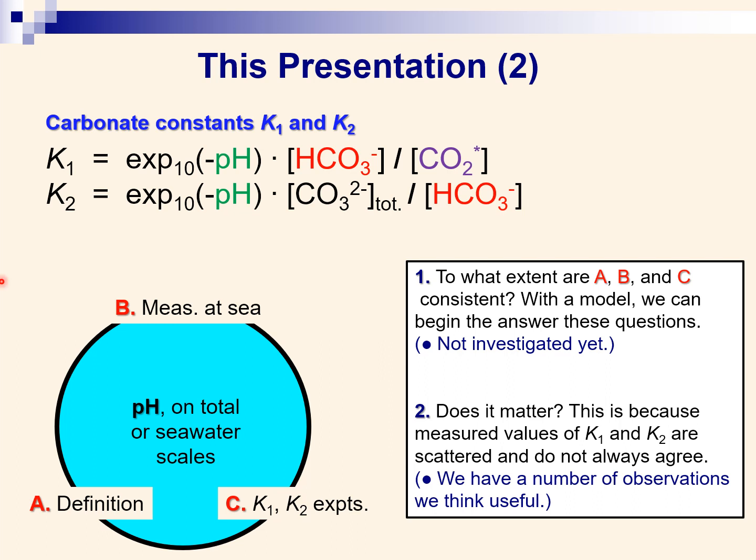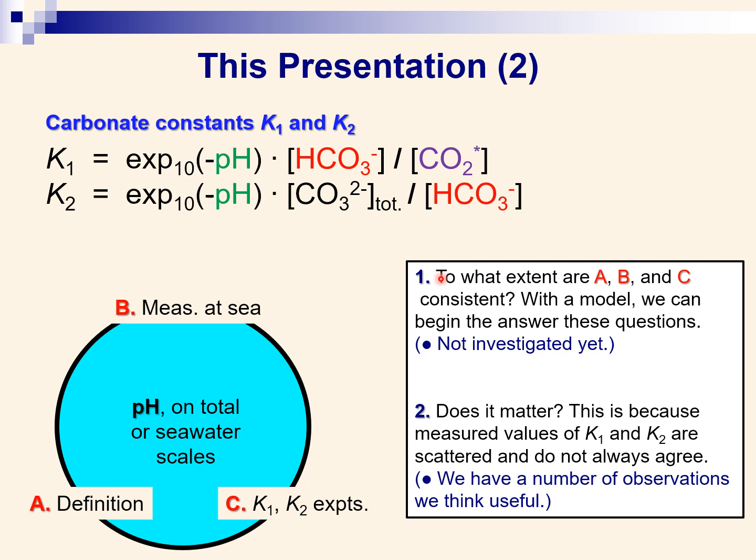Now consider that we have a pH A defined and calibrated in the lab, B measured at C, and C determined as an element of laboratory measurements determining the values of K1 and K2. So our questions are, to what extent are A, B and C pH measurements actually consistent?